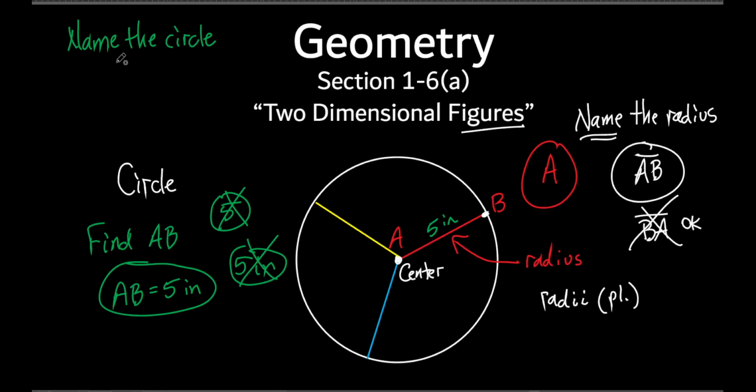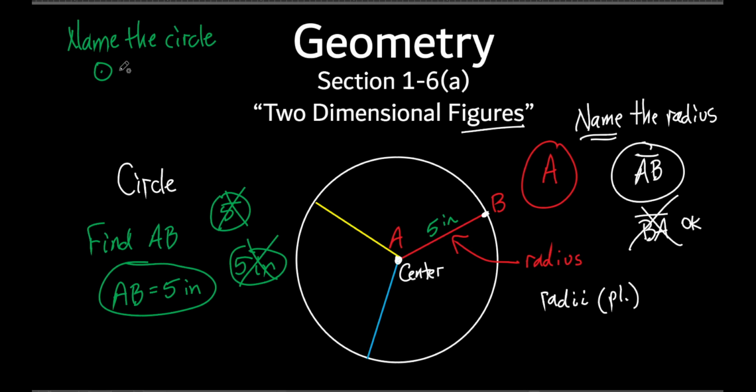And here's a symbol. You know how we had symbols for line, for line segment, for ray, for angle, all that kind of stuff. We have a symbol for a circle. And guess what it looks like? Yeah, very good. It's a circle, but then they put a little dot in the middle of it. That kind of represents the center of the circle. So I name a circle just by the center of the circle.